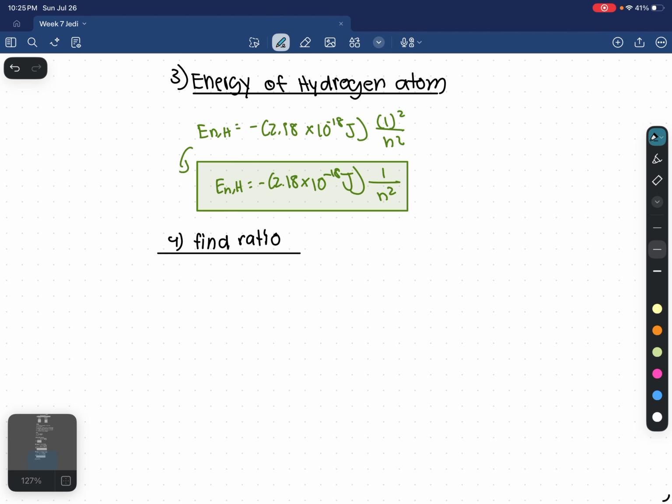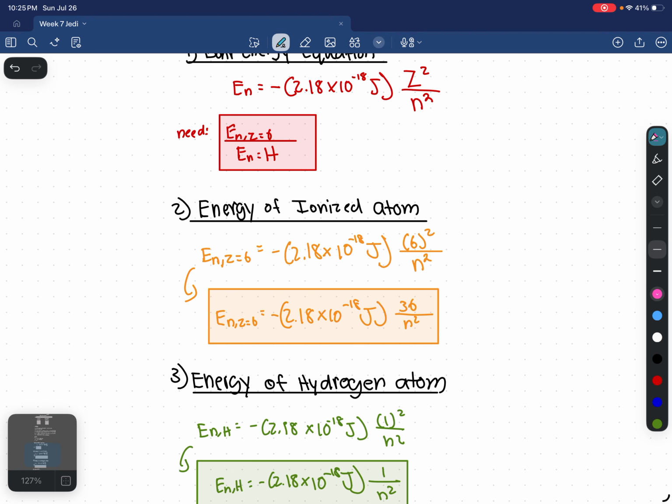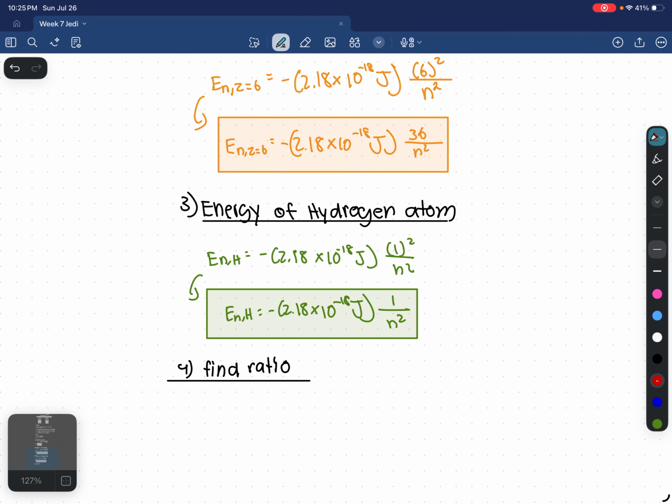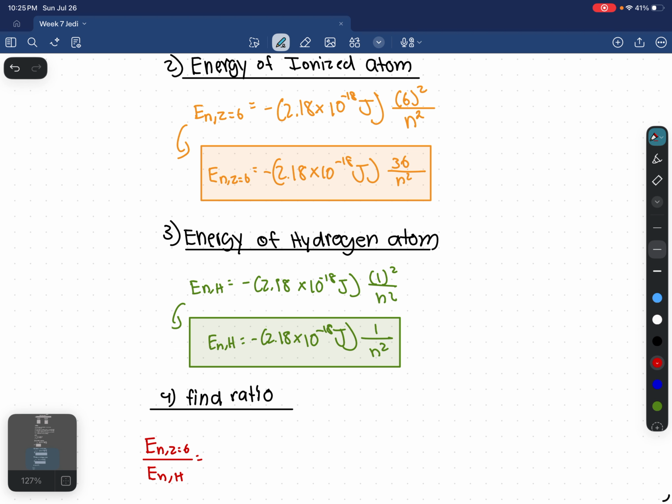Okay, so what is it that we were looking for? We were looking for this right here, right? So we want E_n for Z equals 6 over E_n for hydrogen, right? That is the ratio we're looking for. So let's go ahead and fill it in.